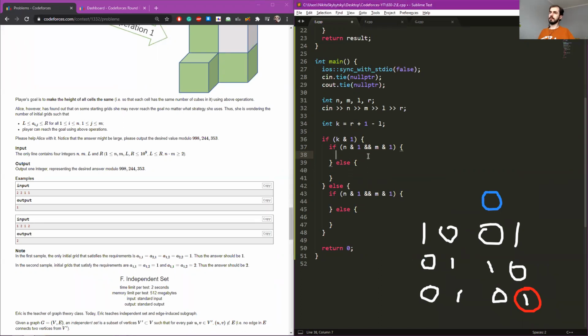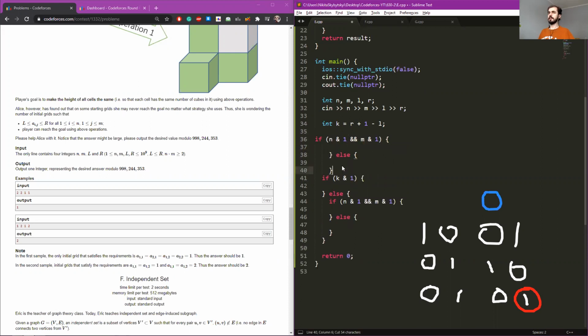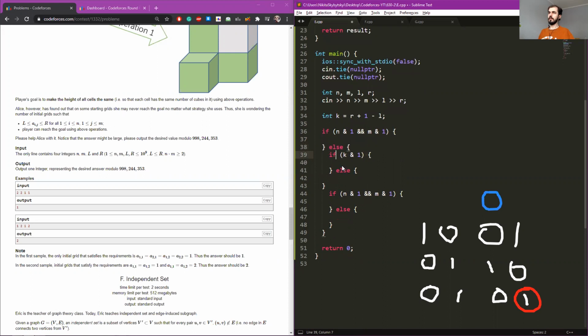Now it actually makes more sense to make the if statements like this, right? So we have a test case when they are both even, that's product even.